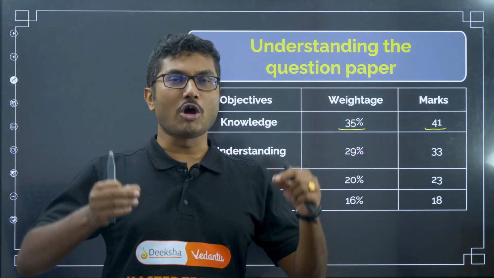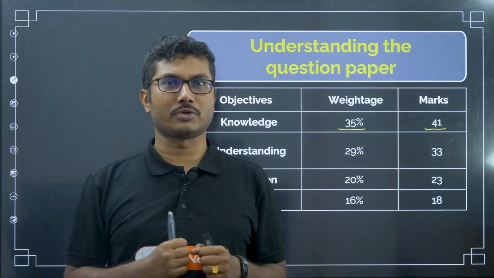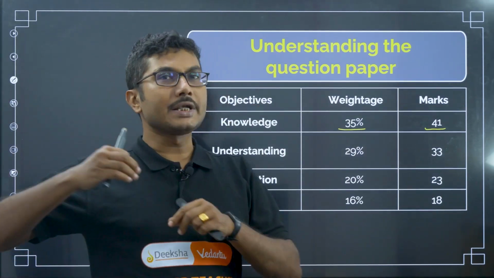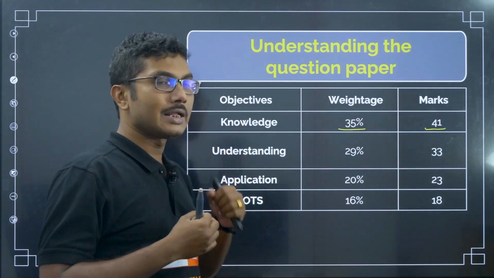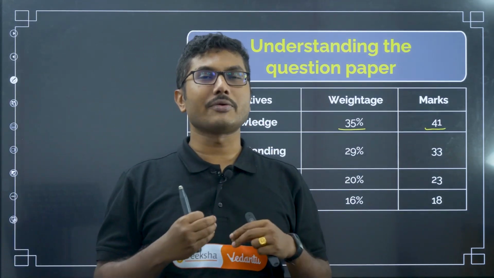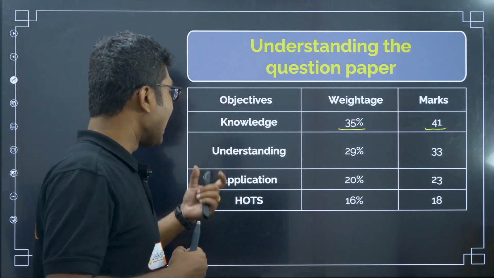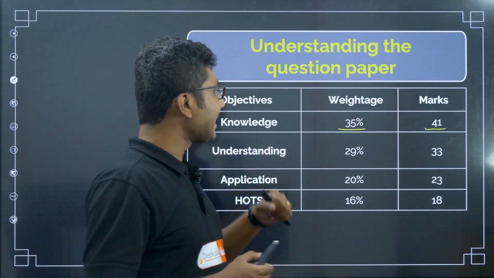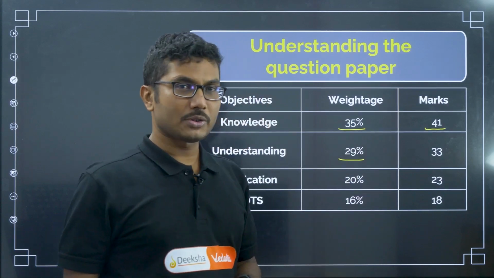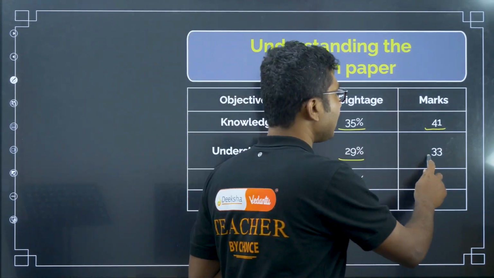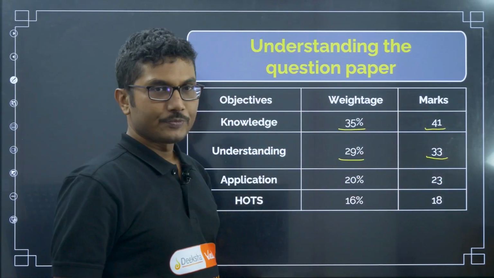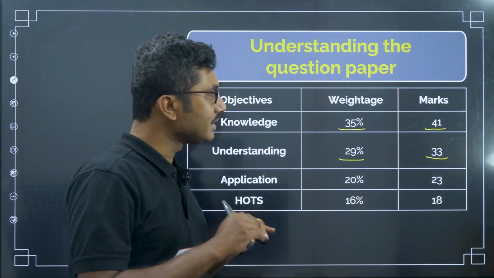But if they ask you to draw the vector representation of Coulomb's law, that is an understanding question. Only if you have understood Coulomb's law will you be able to answer that. 29% of the question paper will be understanding based, and 33 marks will be there. This is also not very difficult, this is also an easy part.